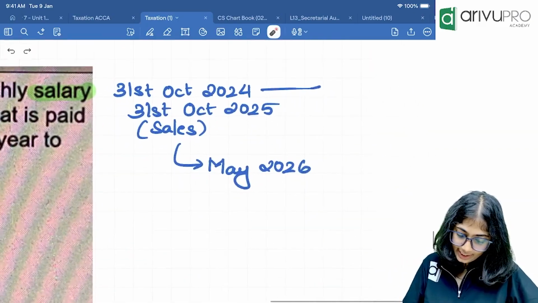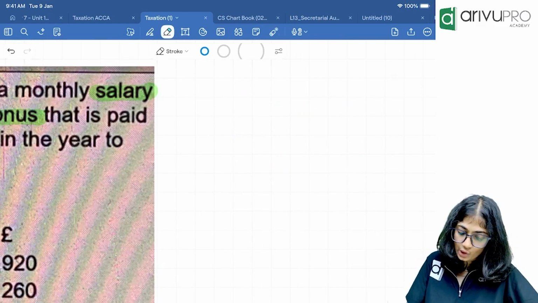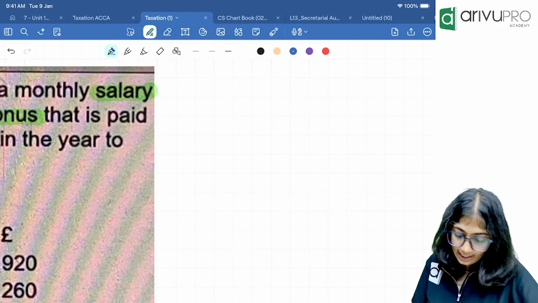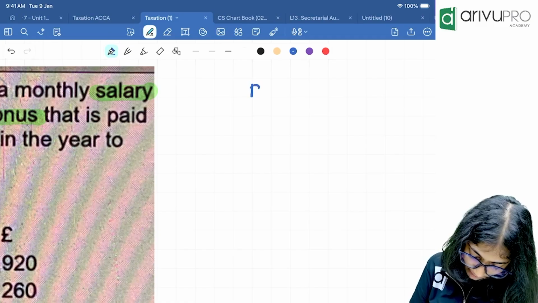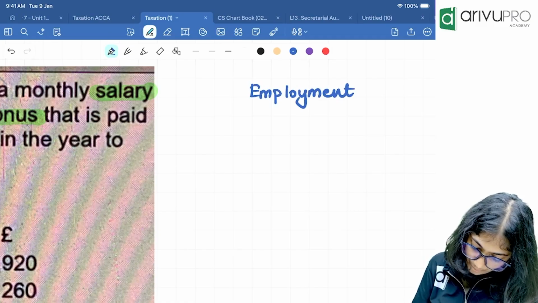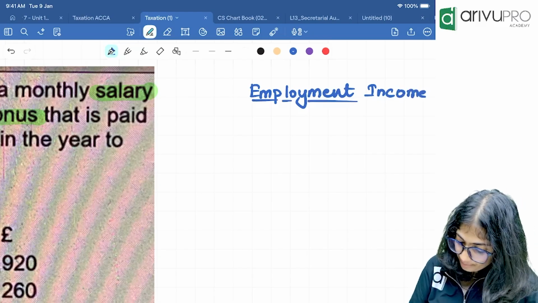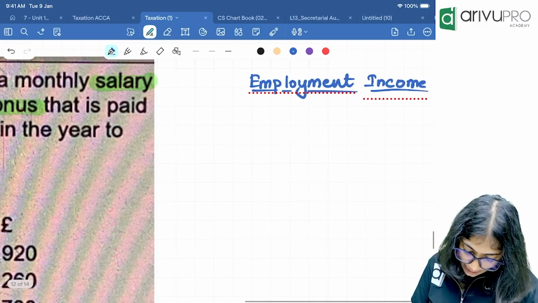Let's solve it how you solve it in exams. Employment income first. First element, salary.